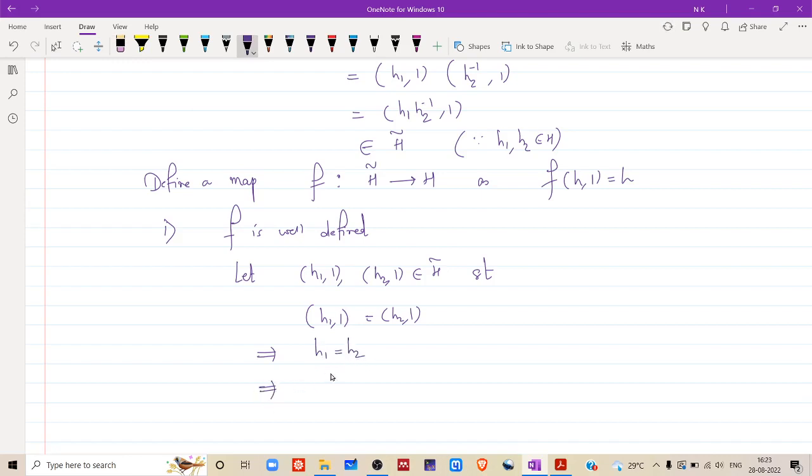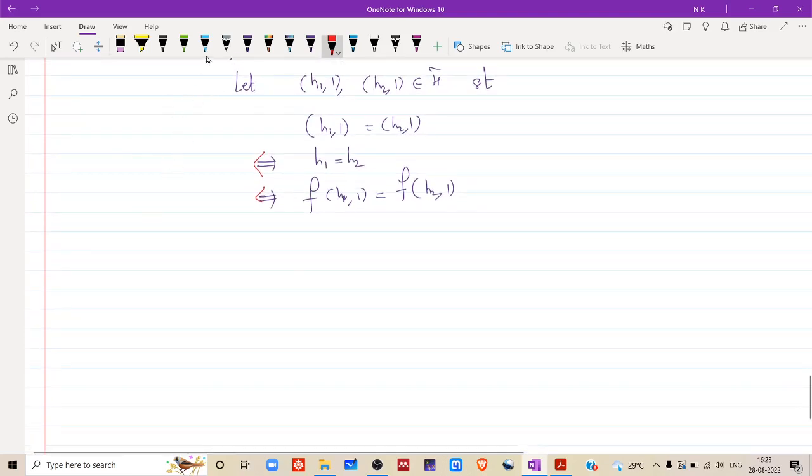As per the definition, f of (h1, 1) is h1 and f of (h2, 1) is h2, right? Let me check whether I can go in the reverse direction. If f of (h1, 1) equals f of (h2, 1), that is, the images of two elements are equal, then according to the definition h1 equals h2, and (h1, 1) equals (h2, 1). So yes, we can trace it back, and I can show that it is one-one also. So f is well defined and one-one.